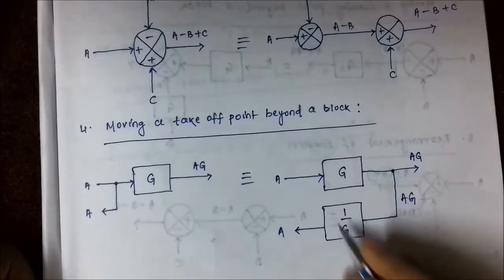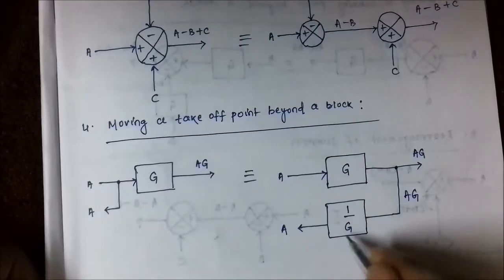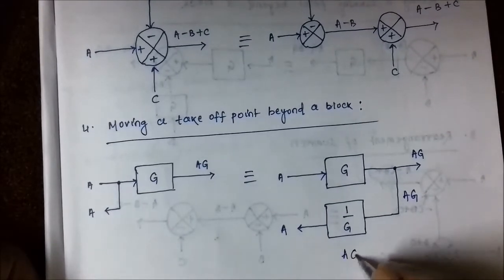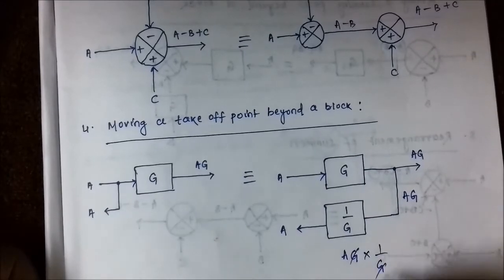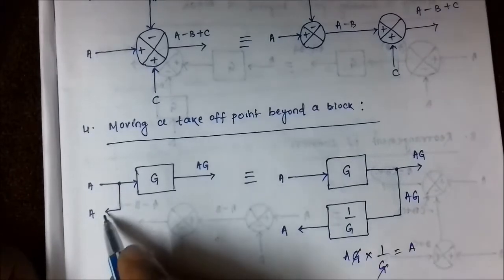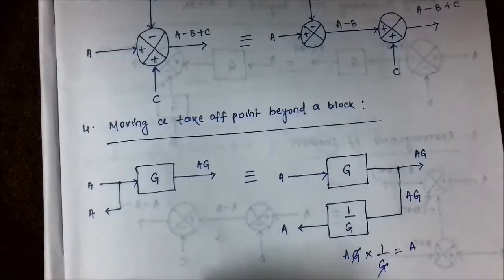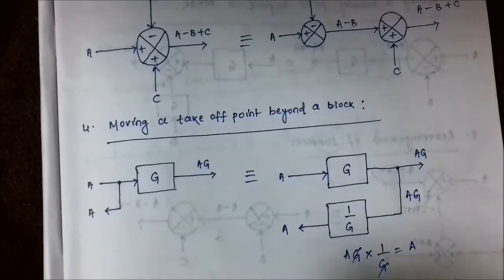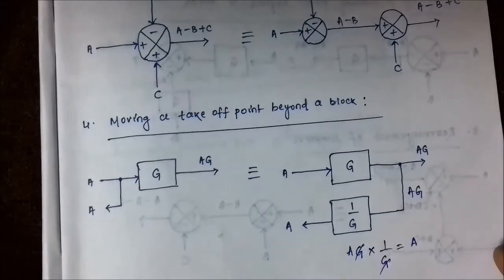Here this is the gain of the block, 1 by G. So it gets multiplied with this, a into G into 1 by G, G gets cancelled, we get a. So the signal stays the same. Even though we have shifted the takeoff point, the signal is remaining the same. So this is how we shift a takeoff point in front of a block.